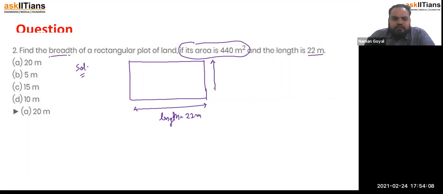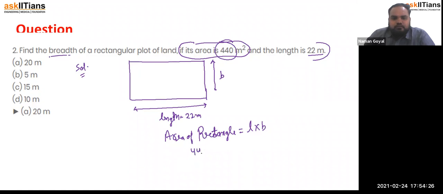The question is asking for breadth, you can take it as B. We know that the area of a rectangle is length into breadth. Length is 22 and area is also given, 440. So 440 is equal to 22 into B. So the value of B is 440 upon 22, which cancels out to 20 meter. The answer is option A.